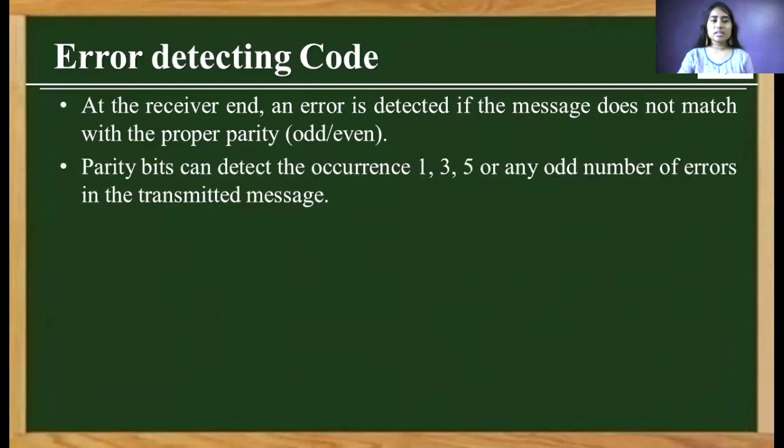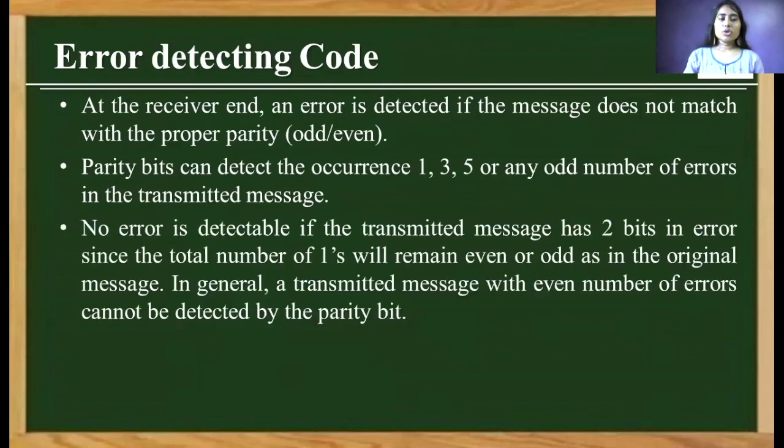Parity bits can detect the occurrence of 1, 3, 5 or any odd number of errors in the transmitted message. No error is detectable if the transmitted message has 2 bits in error, since the total number of ones will remain even or odd as in the original message.